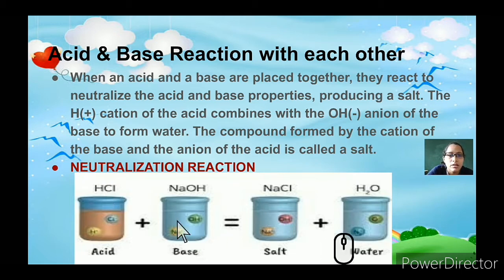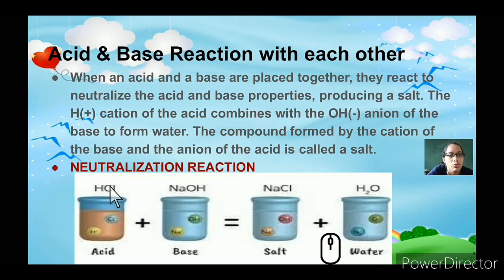Here in the base, sodium metal and hydroxide ions together form sodium hydroxide. It is a base. So when an acid, that is hydrochloric acid, and sodium hydroxide combine, you can see that sodium as a metal combines with the halogen.